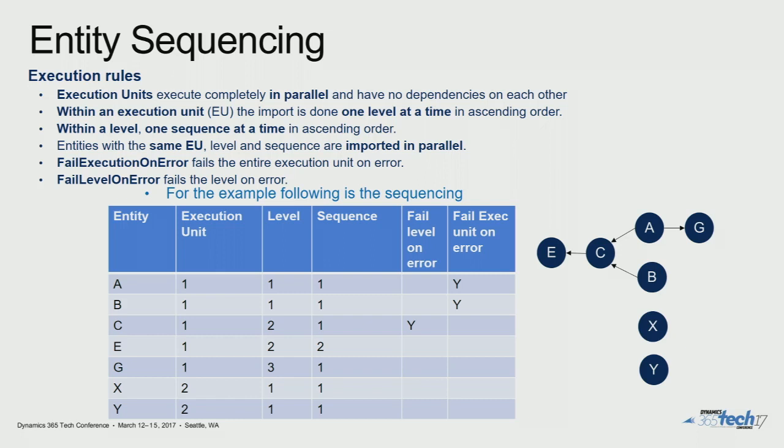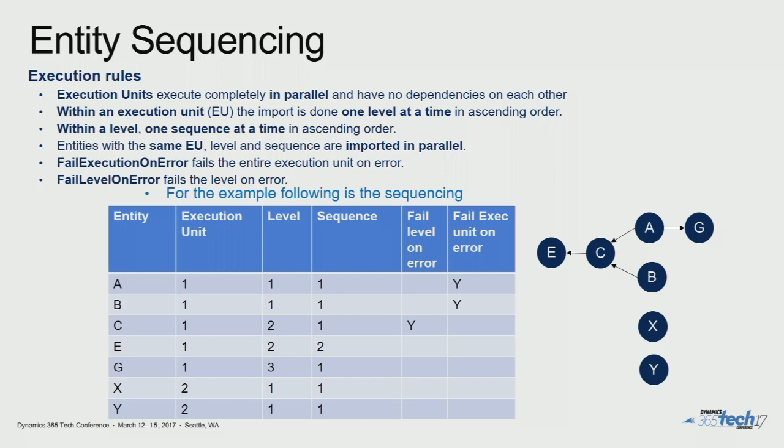And if you look at C, C is level 2 within execution unit 1. So the level and the sequence will be executed in a serial fashion. Let's take a real quick look at the dependencies.